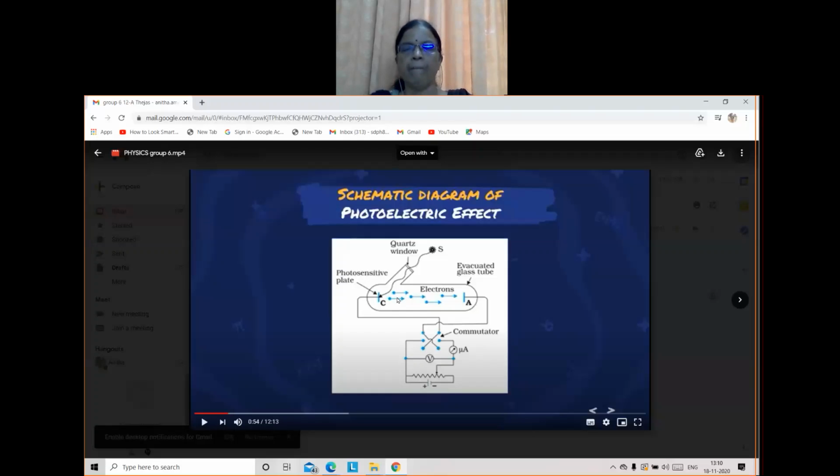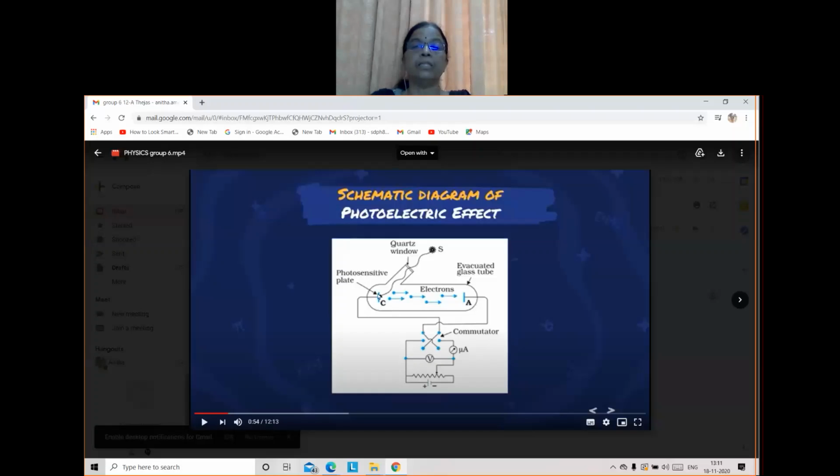A metal requires a minimum amount of energy to eject an electron from its surface. For example, zinc will be different from cadmium, and different from other materials, sodium, lithium, and so on. For different materials, the work function is different. What is work function? The minimum energy required to eject an electron from its surface.